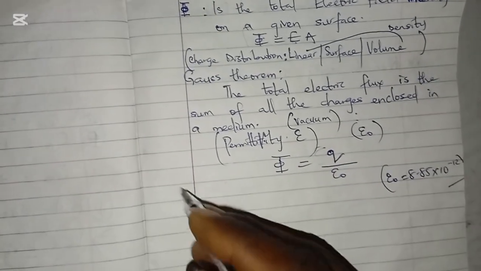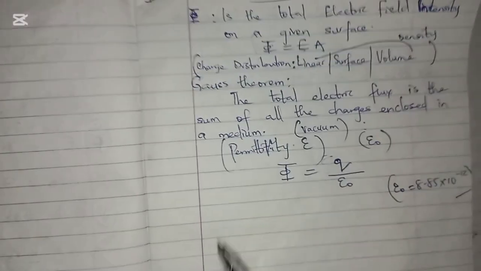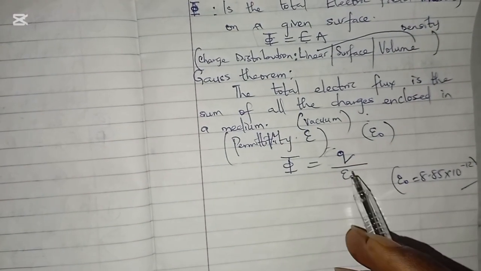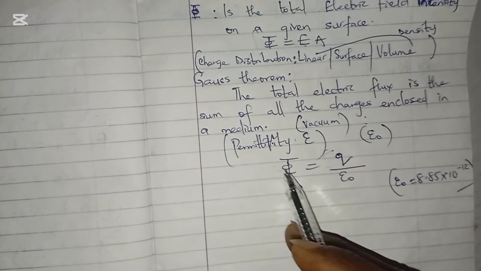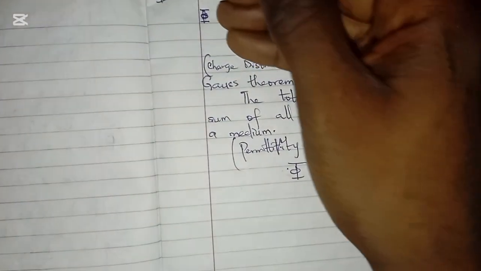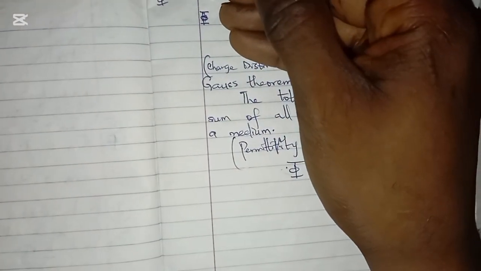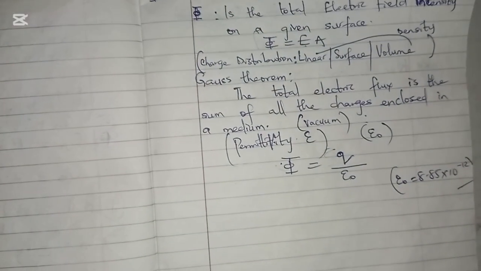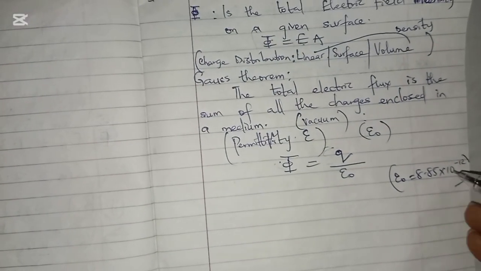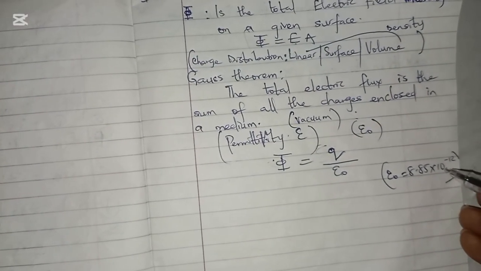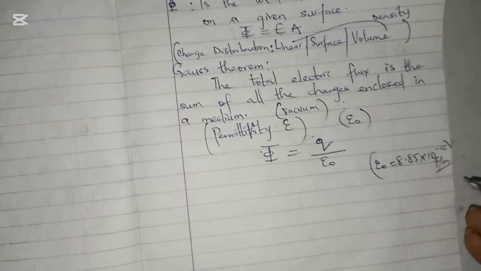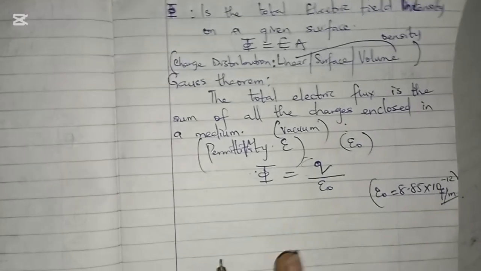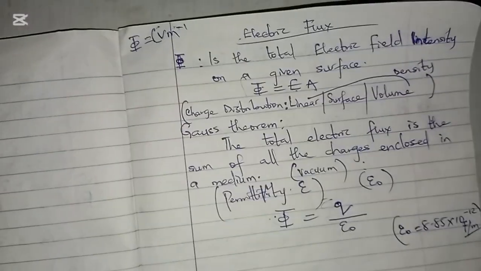So it's the same thing as saying this should be coulomb per volt meter. I can put it to be F over meter. So whichever way you can calculate it. But that's not the case here.